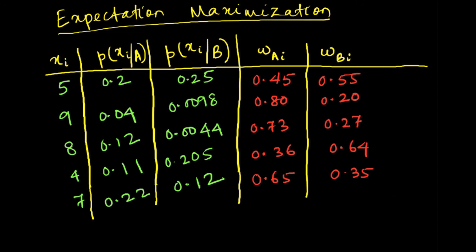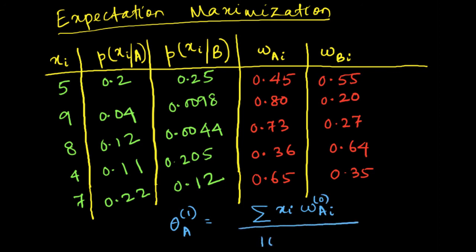So essentially what we have is that our theta A for the first iteration is equal to summation of xi times wai for the 0th iteration divided by 10 into summation of wai for the 0th iteration. And similarly, you can get theta b 1 also.